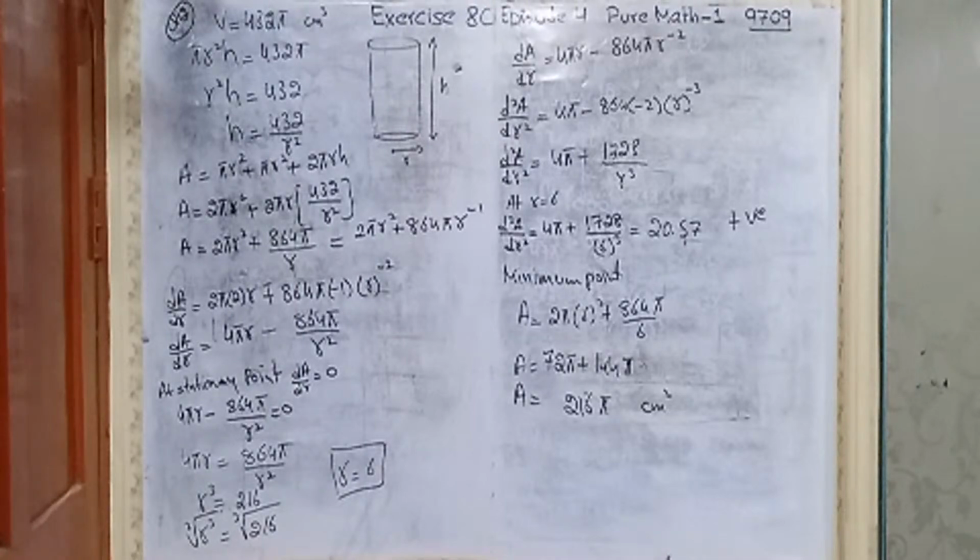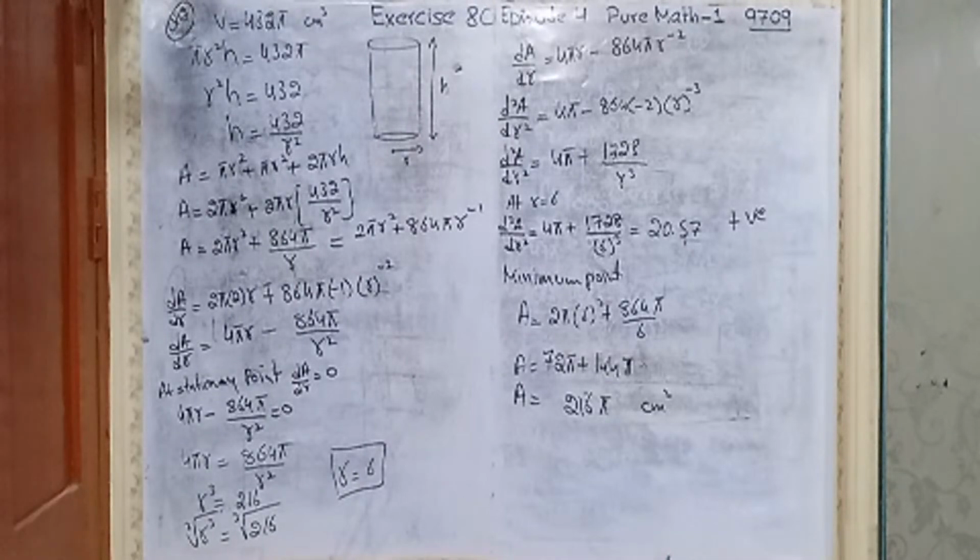Why am I teaching this late at night? Because I have time at this time. So this is basically AS mathematics, which is part of A levels, the first year of the A level, Maths 9709.